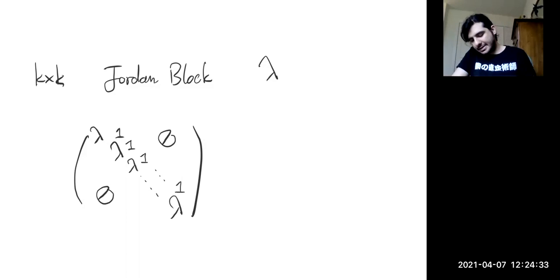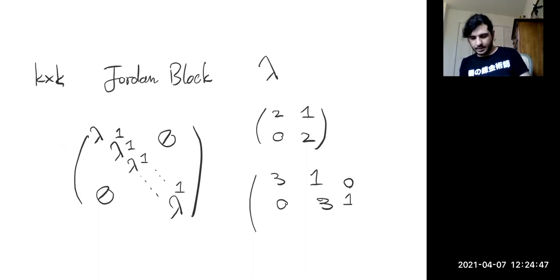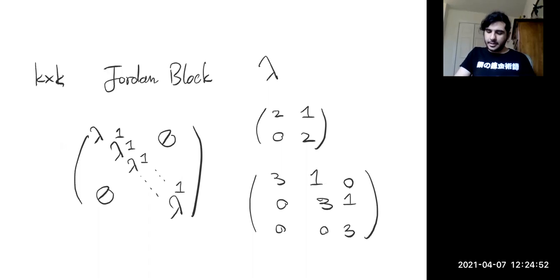For example, a 2 by 2 example is 2, 1, 0, 2. Or a 3 by 3 would be 3, 1, 0, 0, 3, 1, 0, 0, 3. That's just another example.